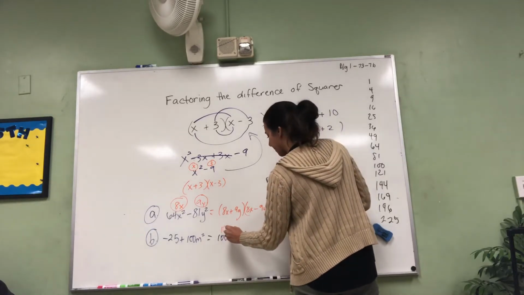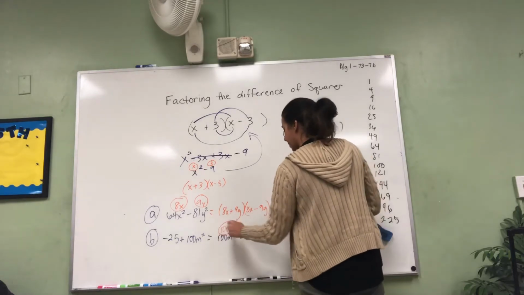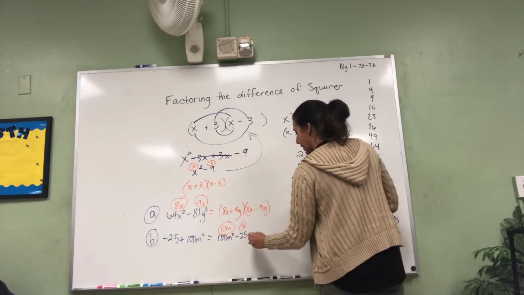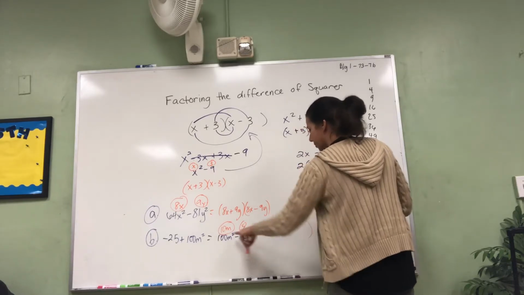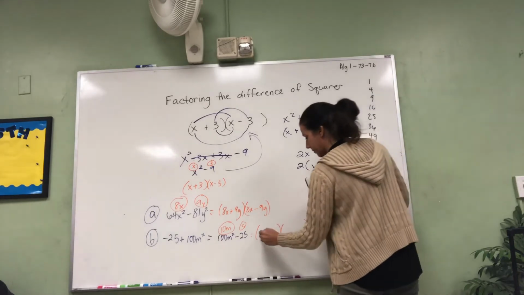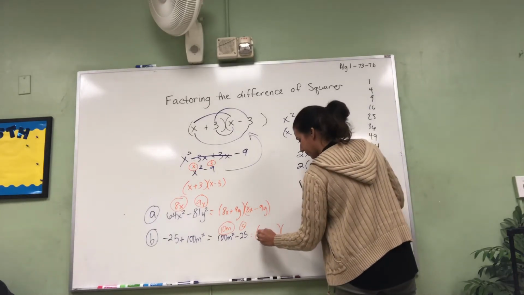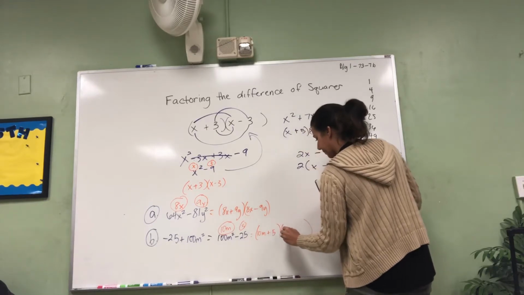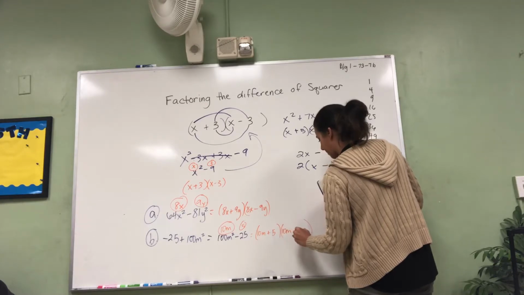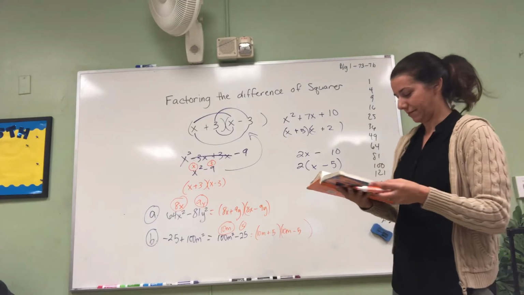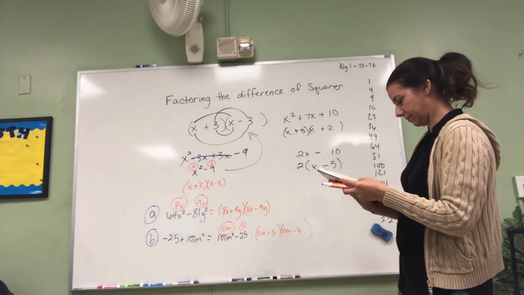That's right. And then the square root of 25? 5. So my answer is, you take those two, 10m and 5, and then you add them, so I get 10m plus 5, and then 10m minus 5. Right. Do you see why I love these?